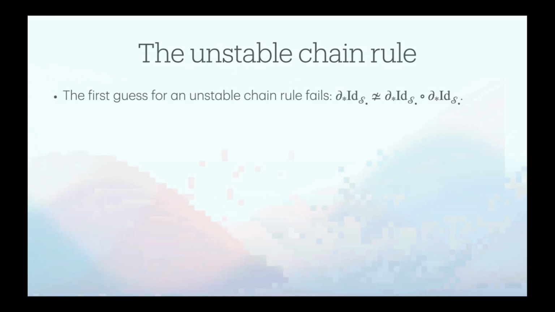But then unstably, we already saw that the derivatives of the identity are not trivial. It's not a linear functor.